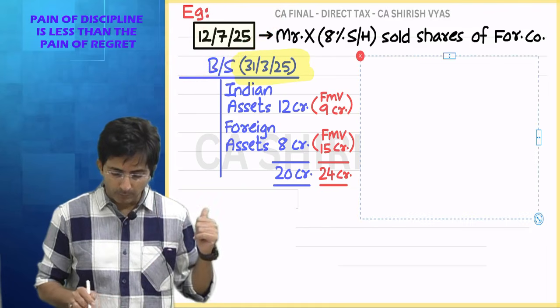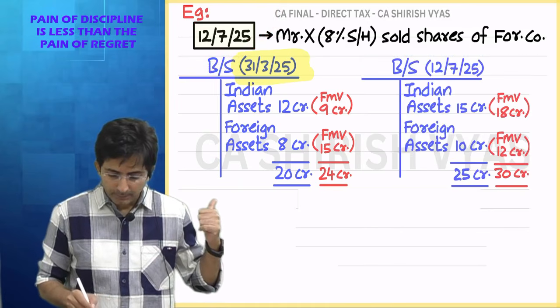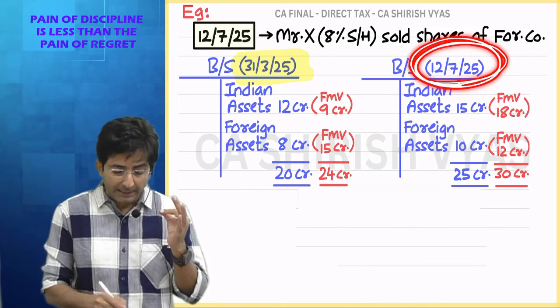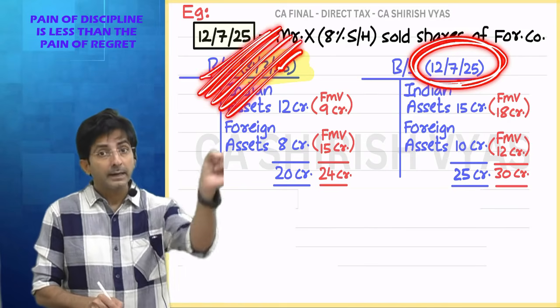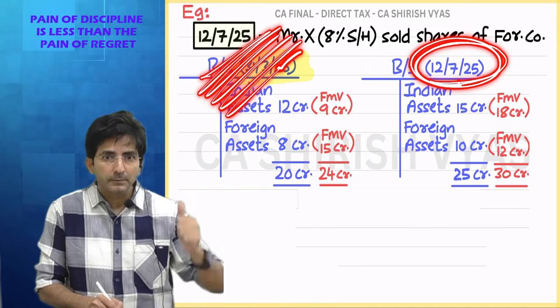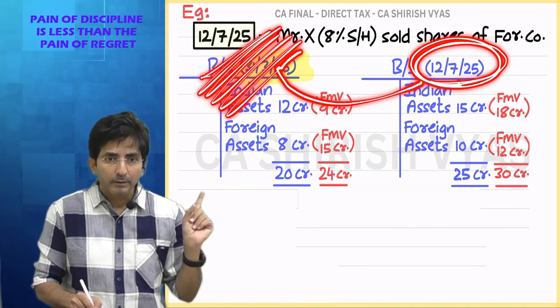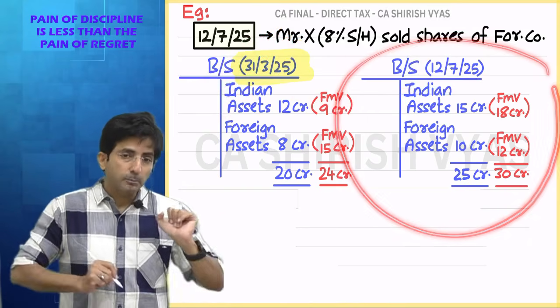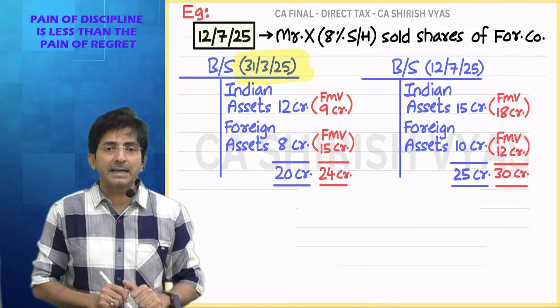See, I have prepared one more balance sheet here. This is the balance sheet on 12th July, the exact date when that Singaporean guy sold his shares which generated capital gains. 12th July. Can you see the date? Now, see this balance sheet. In this balance sheet, conditions are getting satisfied.